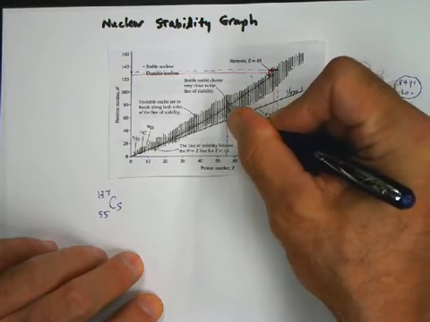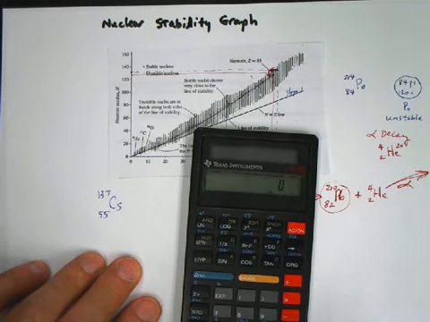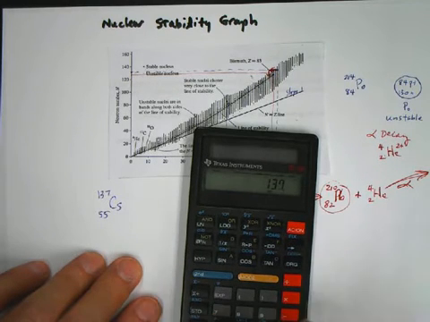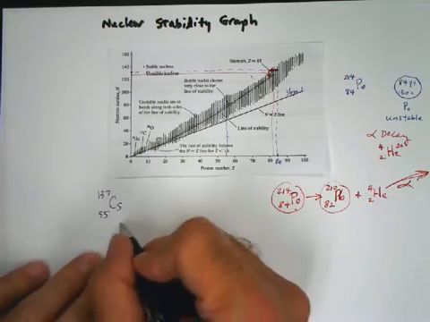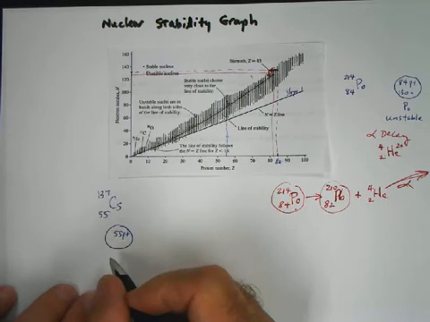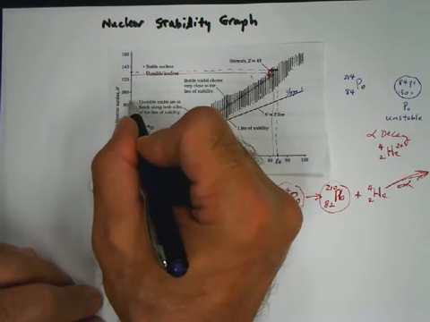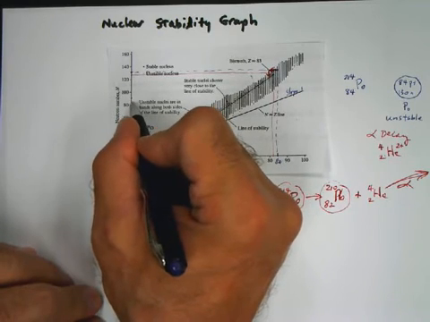I'll have to use a calculator. I'm so tired right now. 137 minus 55, 82 neutrons. So the cesium nucleus would contain 55 protons and 82 neutrons. So let's go up to 82 here. That's 90. So this would be 82. And we'll just move over.